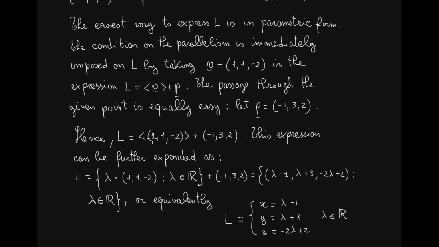Hence, L can be expressed in parametric form as the vector space generated by (1, 1, -2) plus the vector (-1, 3, 2). This expression can be further expanded.